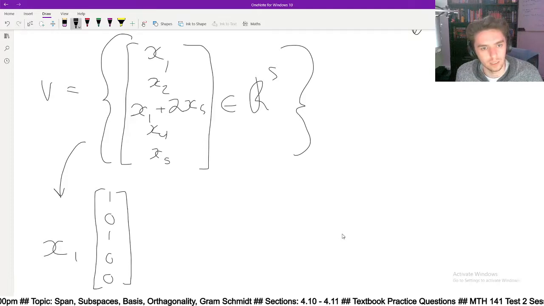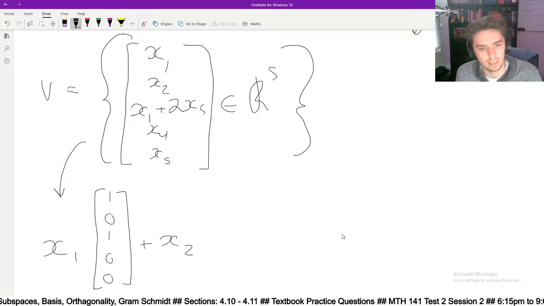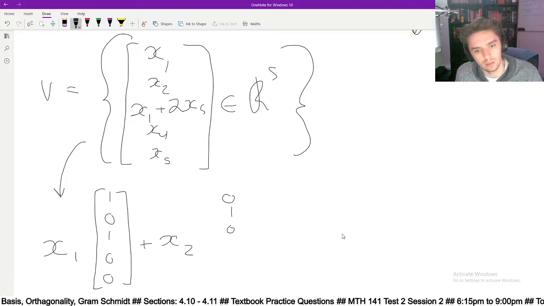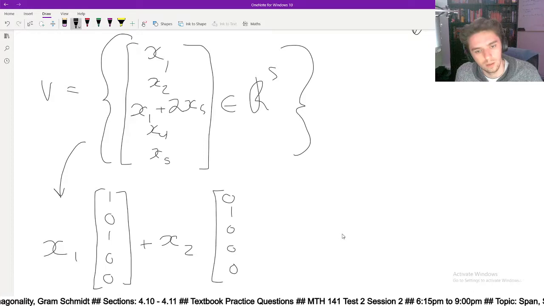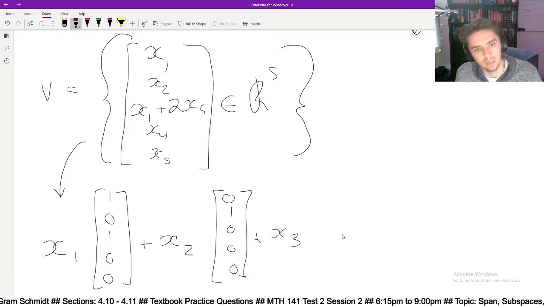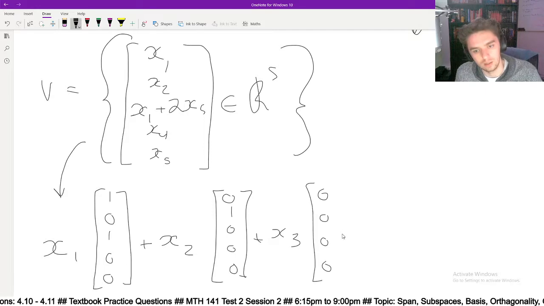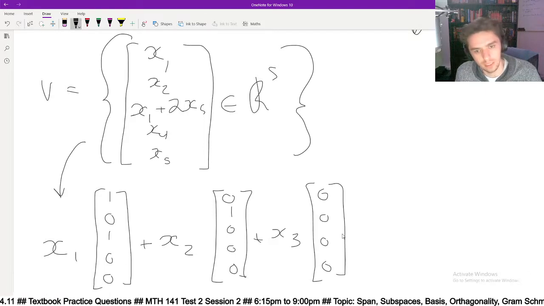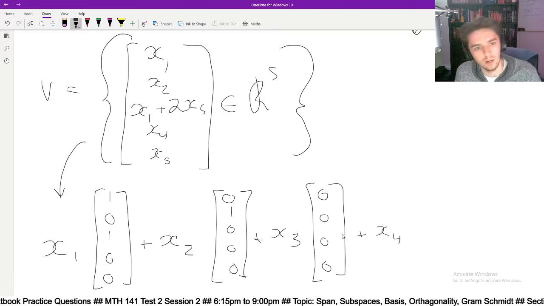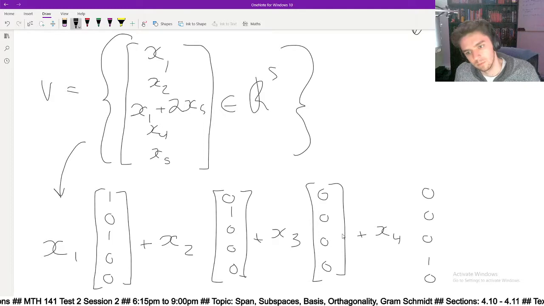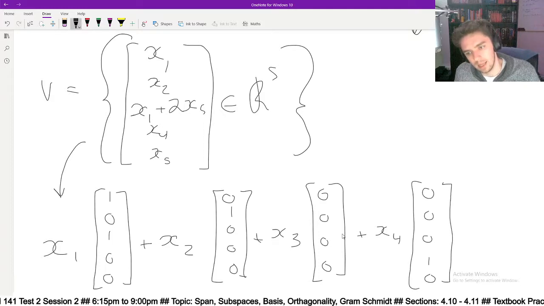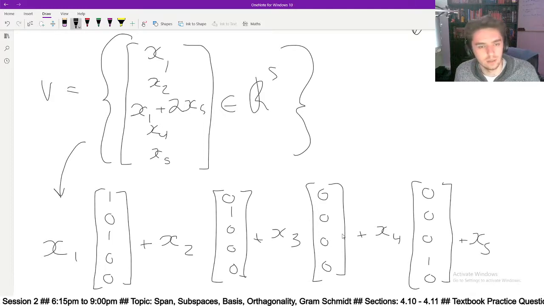Plus x2 times (0, 1, 0, 0, 0), plus x3 times all zeros, since none of these terms have an x3 in it. Plus x4 times (0, 0, 0, 1, 0), and then x5 times (0, 0, 2, 0, 1).